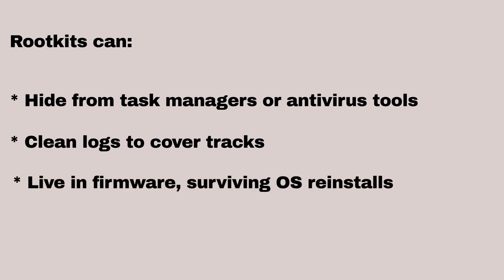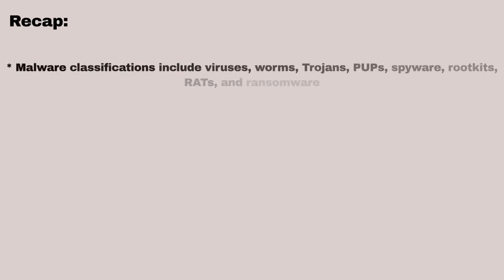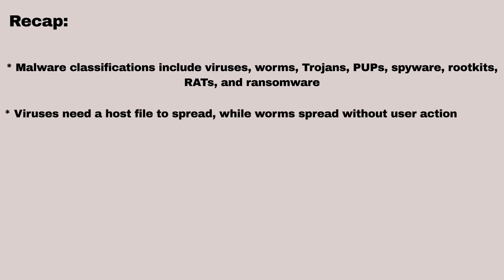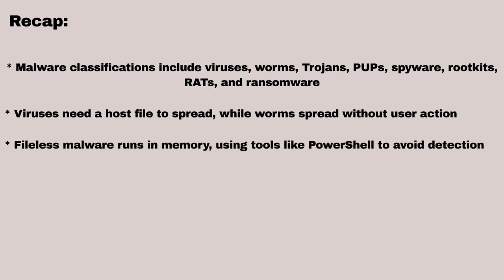Alright, that's enough on malware. Here's a recap. We learned malware classifications include viruses, worms, Trojans, PUPs, spyware, rootkits, RATs, and ransomware. We learned viruses need a host file to spread, while worms spread without user action. We learned fileless malware runs in memory, using tools like PowerShell to avoid detection.